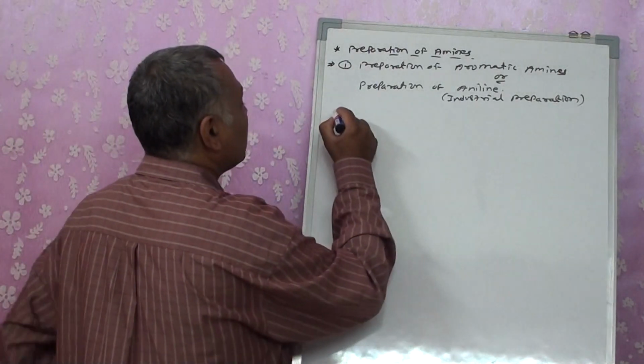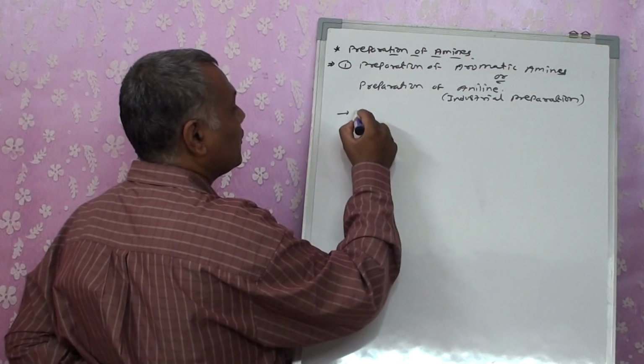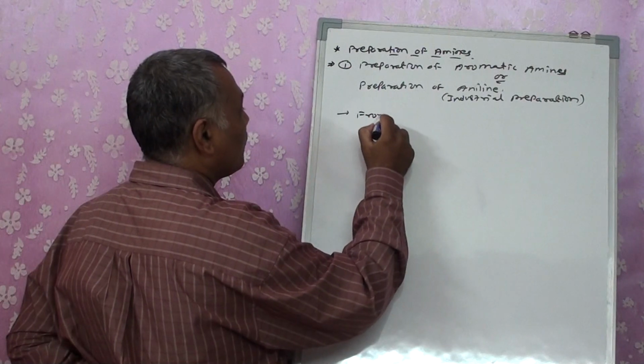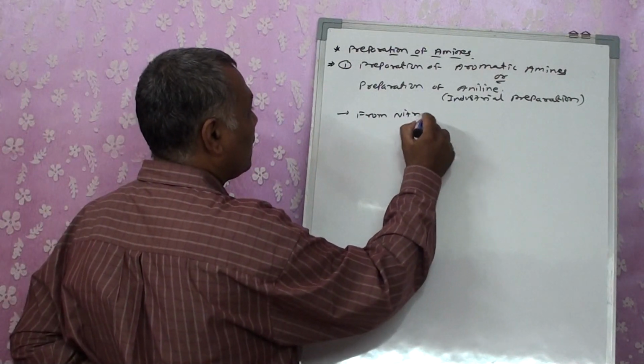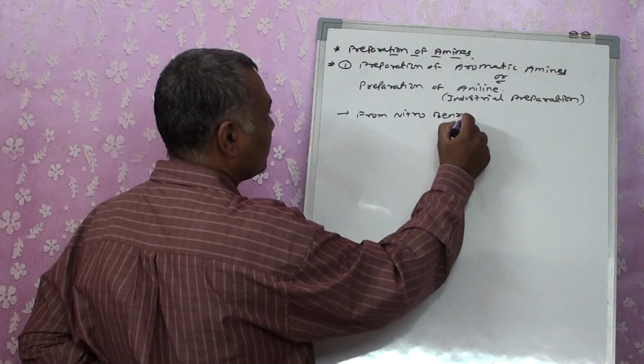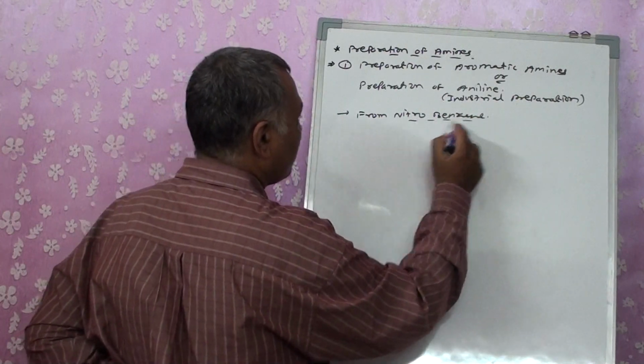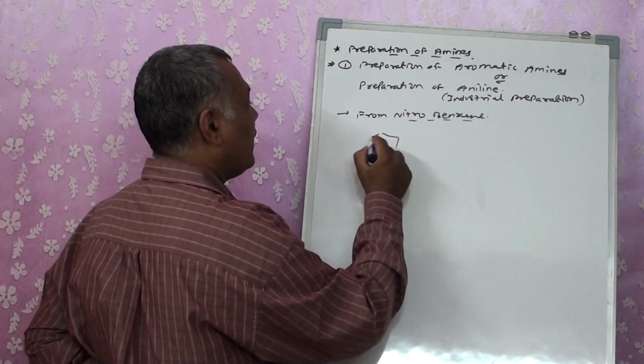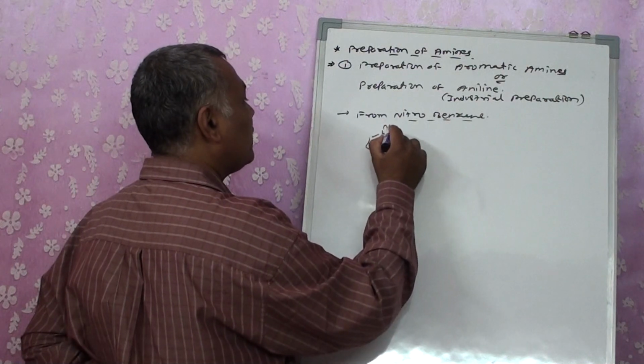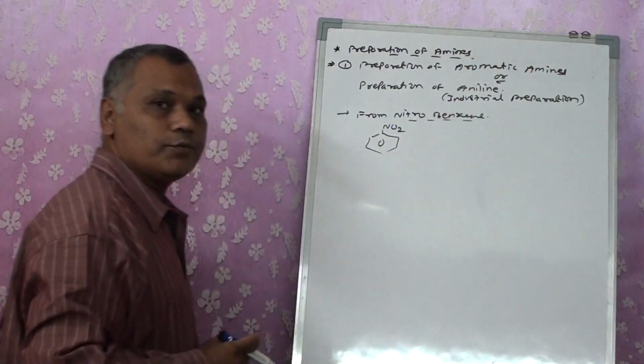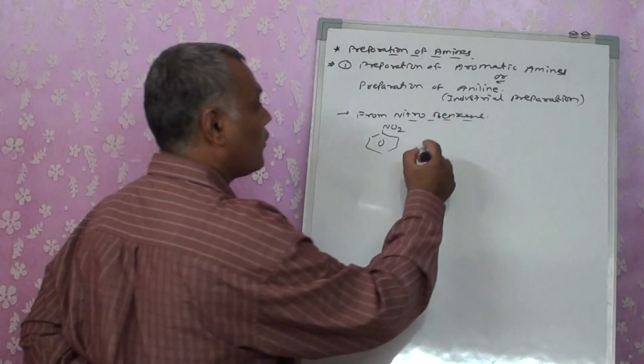So for that case, we have it first from nitrobenzene. That is, we have nitrobenzene, C6H5NO2. It is taken for reduction.